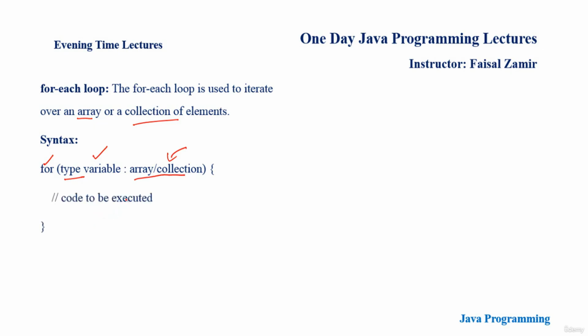For example, this is an array of different characters A, B, C, D. I want to show all the elements, all the items of the array or any other iterable object, so I will use the for each loop to iterate all these elements and show them to the user one by one.